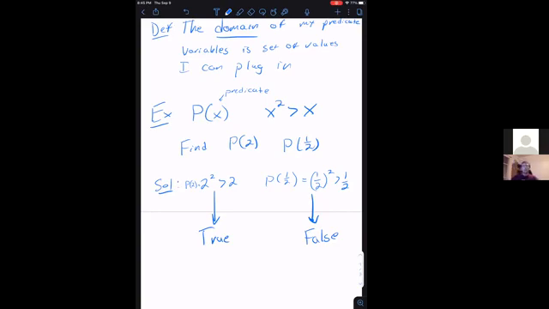Since we can get these false statements out, it would be really nice to have something where we only took the true statements. And that thing where we only take the true statements is called the truth set.